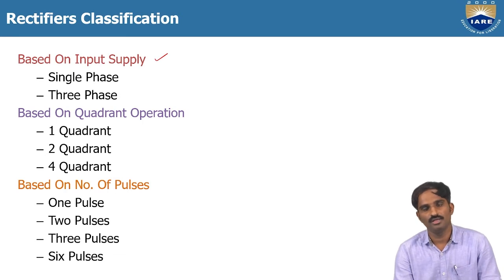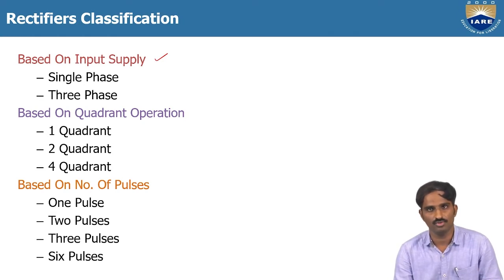If we consider the fully controlled rectifier, again based on the input, we can classify into two categories: the single phase fully controlled rectifier and the three phase fully controlled rectifier. Similarly, in the case of the uncontrolled rectifier, there are single phase and three phase uncontrolled rectifiers. Similarly for the semi-controlled also.